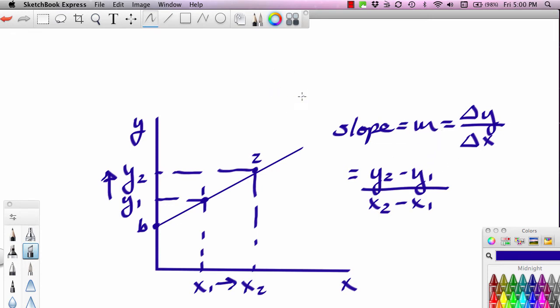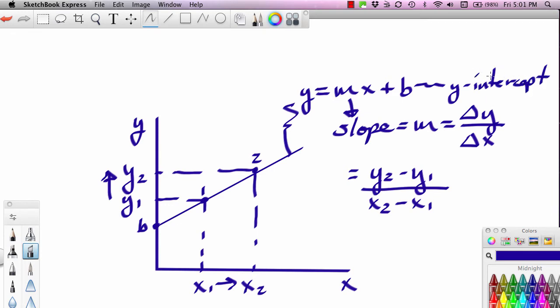Now we can actually write a formula for this line. This is an upward sloping line, but the y-intercept formula is y equals mx plus b. And again, let's review our algebra here. M is the what? M is the slope. What's b? B is the y-intercept.